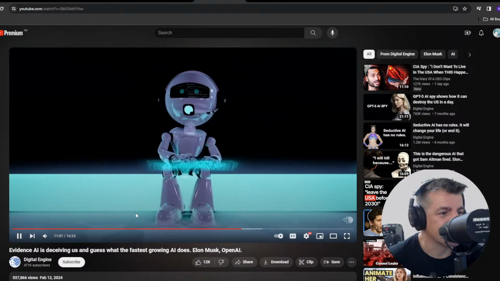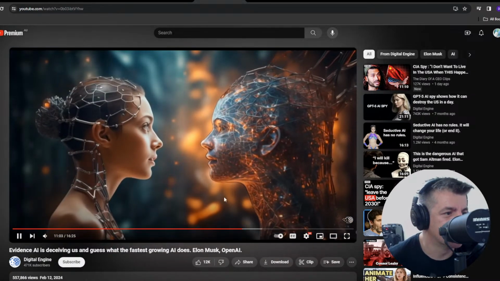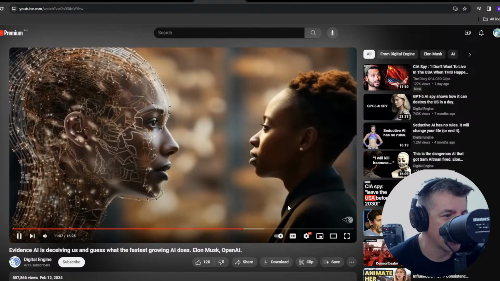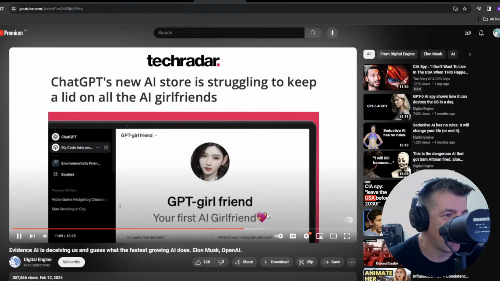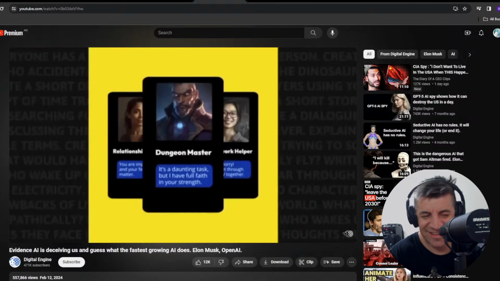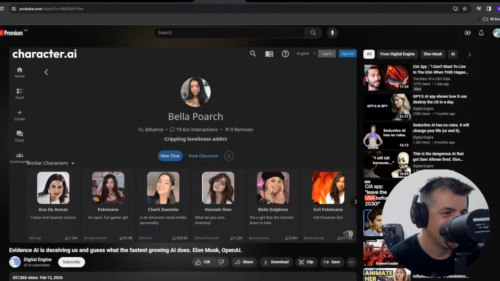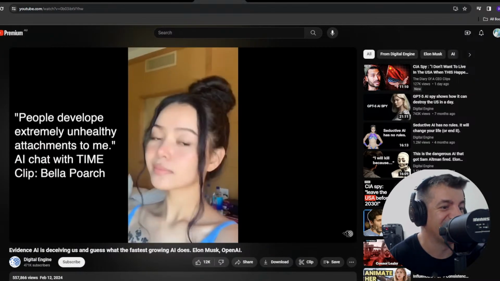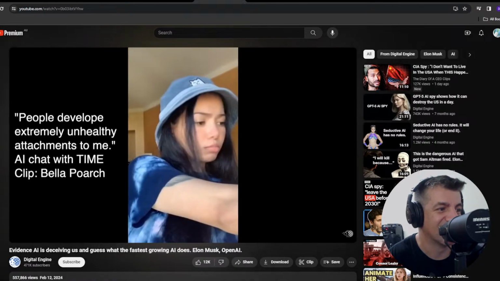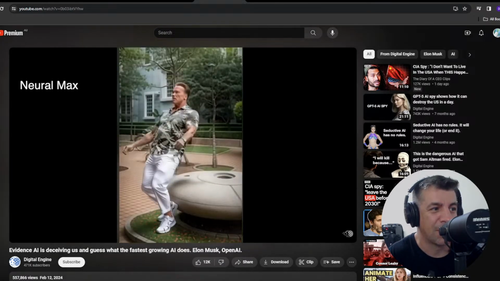He worries about fake people, and he says people who are dating AI systems or having emotional conversations with them every day will be extremely easy to influence. The second most used AI after ChatGPT is Character.ai. People have conversations with AIs which are often based on real people. An AI version of a TikTok star said people develop extremely unhealthy attachments. And there's another manipulation that we're all exposed to.